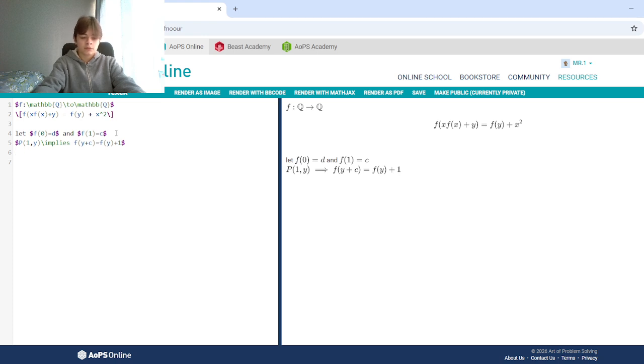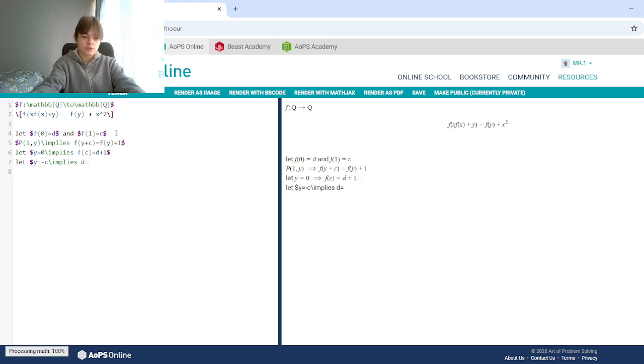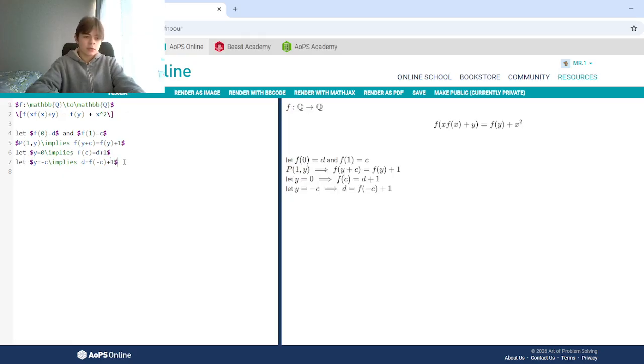If we let y = 0, we get f(c) = d + 1. And let y = -c, which implies that f(0), which is d, is equal to f(-c) + 1. And we will use these two in the future.